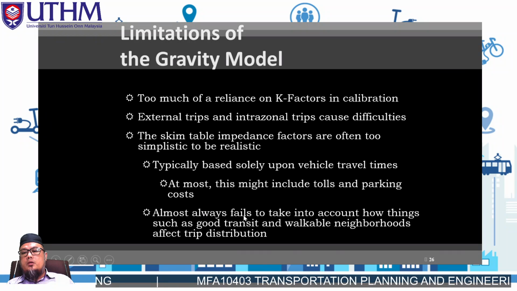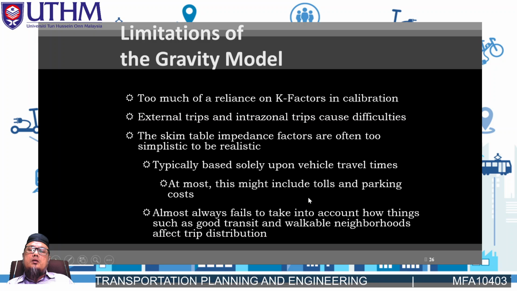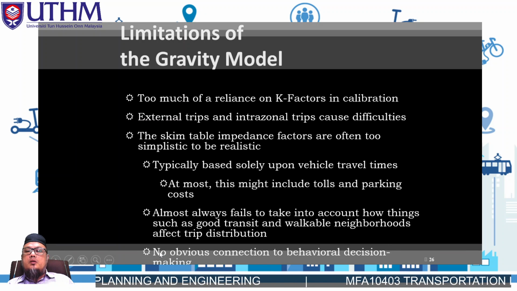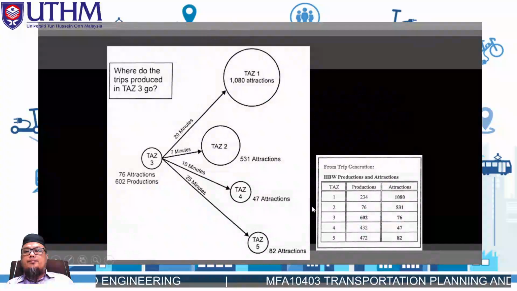They almost always fail to take into account how things such as good transit and walkable neighborhoods affect trip distribution. So this is part of the reality that happens in trip distribution. So there is no obvious connection to behavioral decision making.